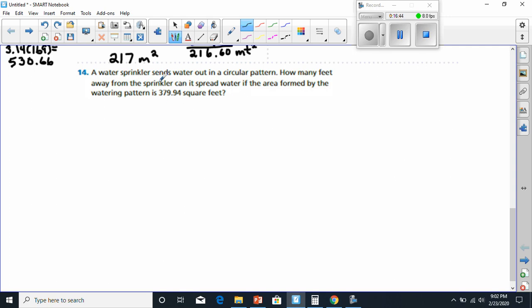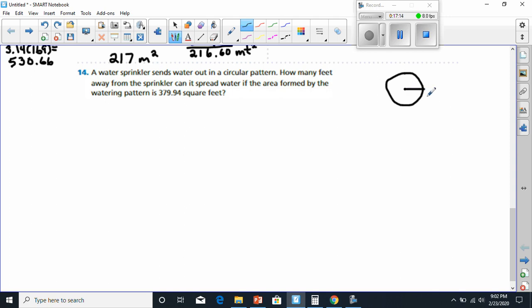How many feet away from the sprinkler can it spread water if the area formed by the watering pattern is 379.94 square feet? Holy crud. Well, let's see here. A water sprinkler sends water out in a circular pattern. Okay, we've got a circular pattern here. And it says how many feet away from the sprinkler.